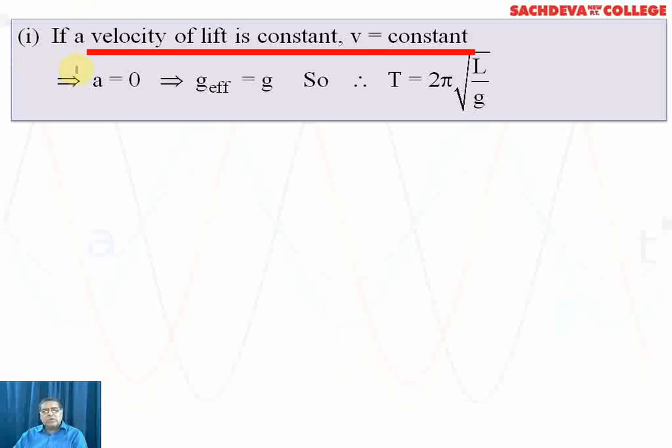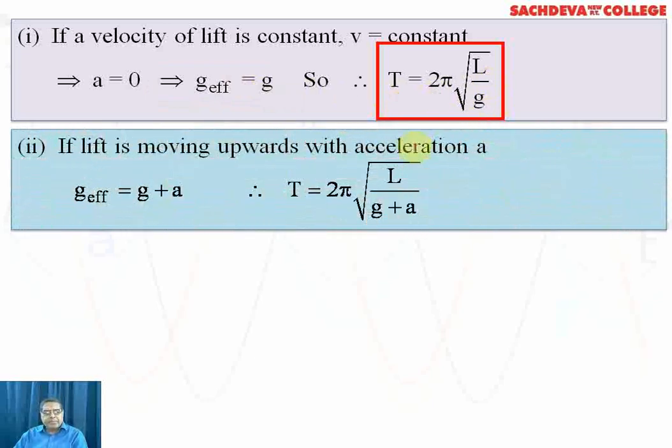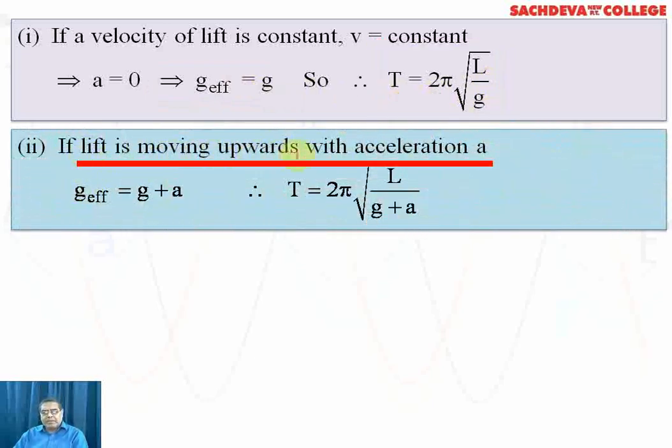So if the velocity of the lift is constant, a is equal to 0, and g effective will be equivalent to g, that is 10 meters per second square. In that case, T will be given as 2 pi under root L over g. If the lift is moving up, as I have explained earlier, a is added to g, but if the lift is moving down, then a is subtracted from g.